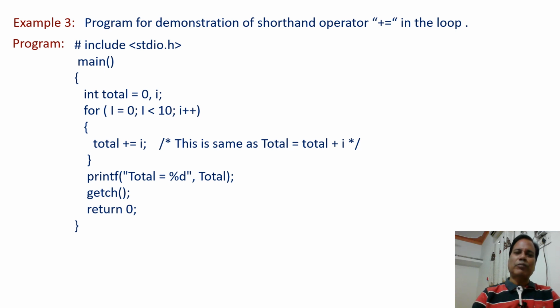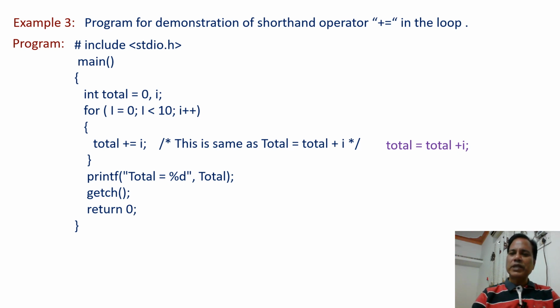Body of the for loop means the statements written within the open and close braces. So the first time the condition is true, that is 0 is less than 10. So the body of the for loop is total plus equal i. Again, the meaning of this plus equal i is the same as total equal to total plus i.